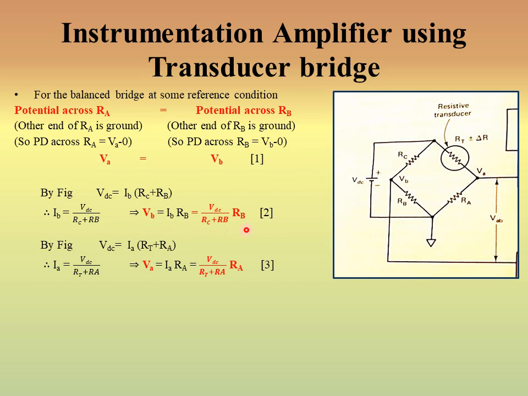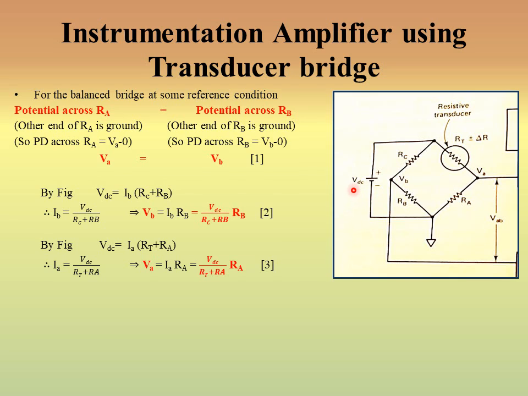In the same manner we can calculate VA. What is happening here? The current is coming here and splitting into two parts, IB and IA. IA current is flowing through RT and RA, and we can consider this loop. From VDC we go through RT and RA and then return back.